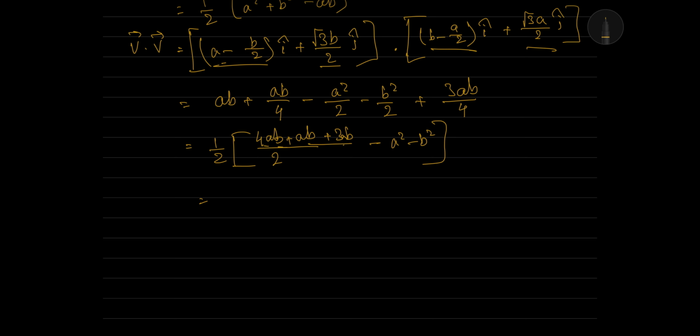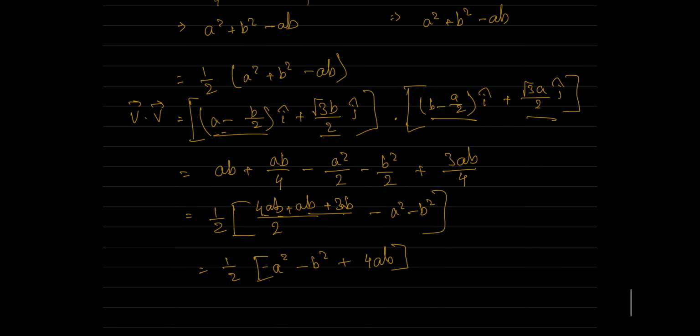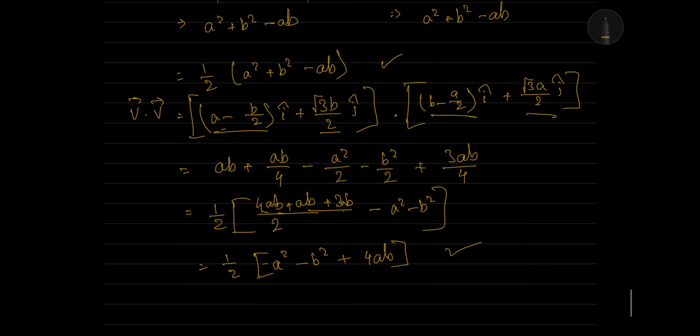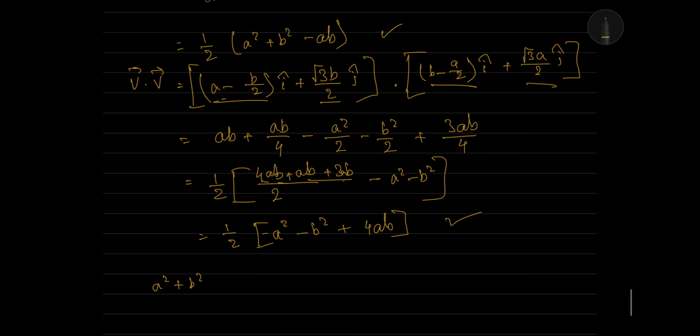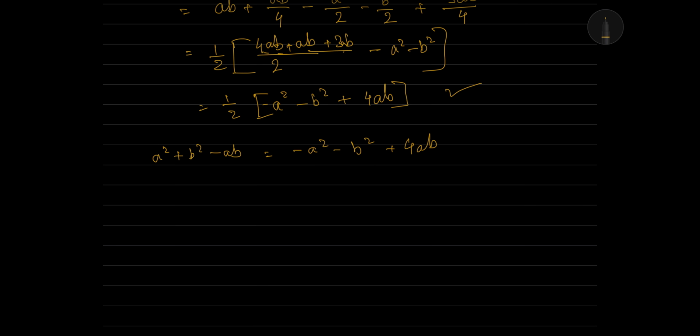This will be total 8ab, so half of minus a squared minus b squared plus 4ab. Then we can see this term and this term will be equal, that is a squared plus b squared minus ab equal to minus a squared minus b squared plus 4ab. From this we get 2a squared plus 2b squared minus 5ab equal to 0.